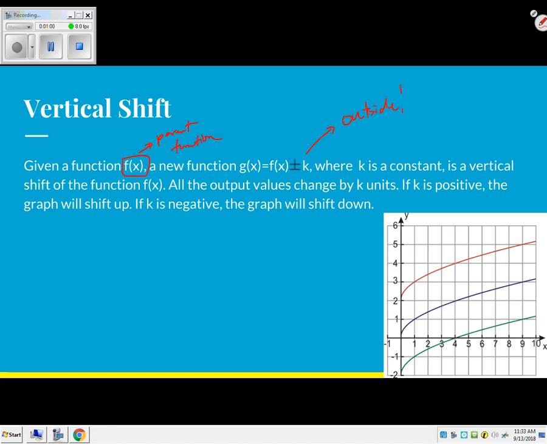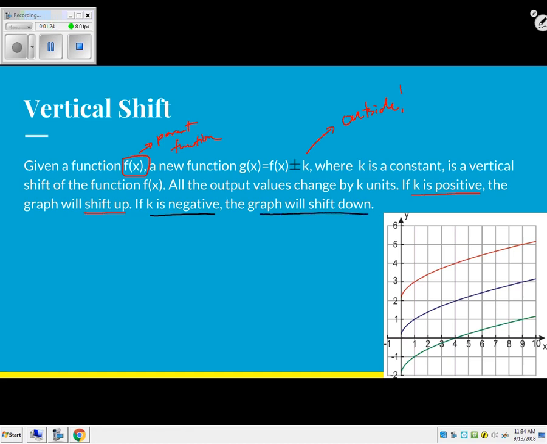We'll see what that looks like in just a minute. If we are adding k, if k is positive, then we will move up that many units. Whereas if k is negative, or we're subtracting k, the graph will move down that many units.